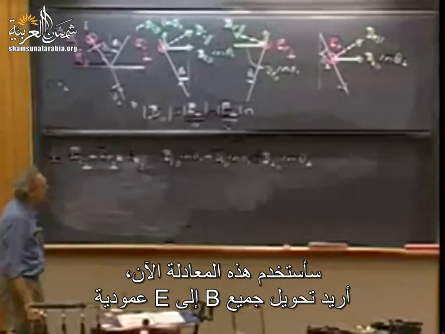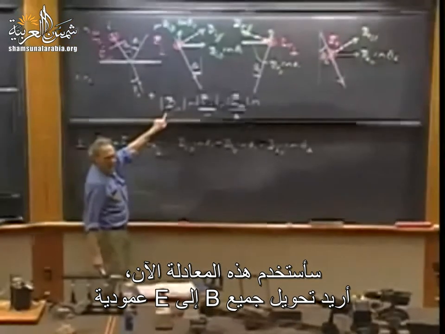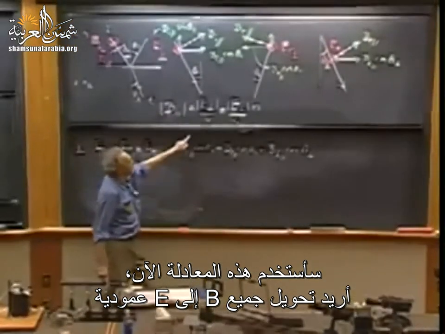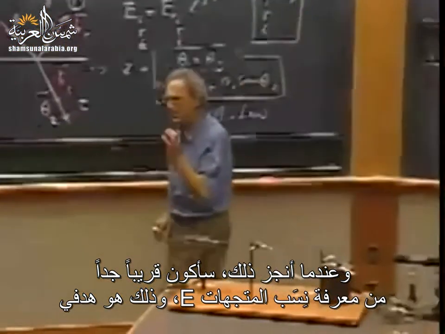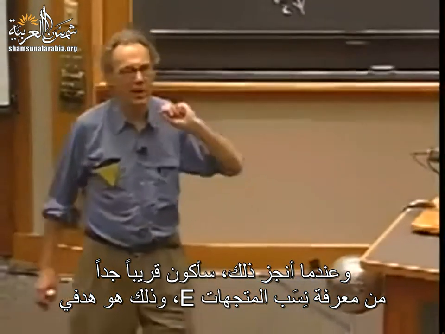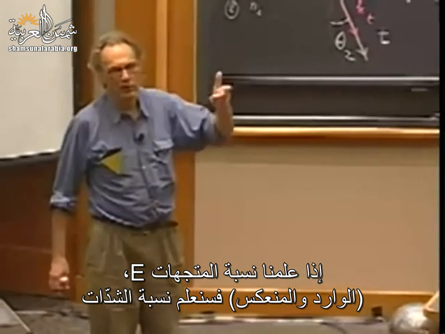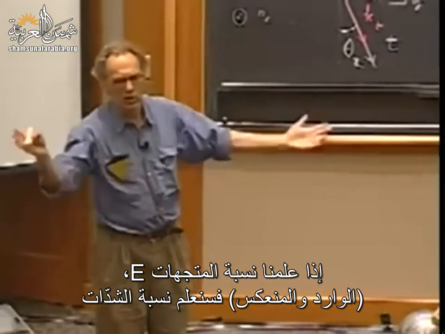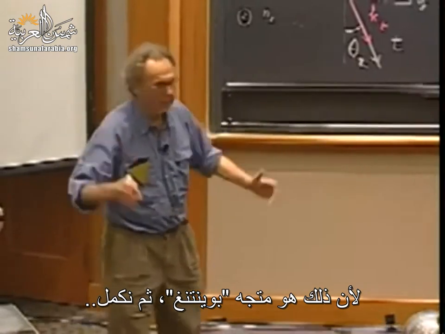And now I'm going to use this. I want to convert all my B's into E perpendicular. And once I have done that, I'm within spitting distance of knowing what the ratios of those E vectors are, and that's my goal. If you know the ratio of the E vectors, the reflected one over the incident one, you know the ratio of intensities, because that's the Poynting vector, you get squares and things like that.